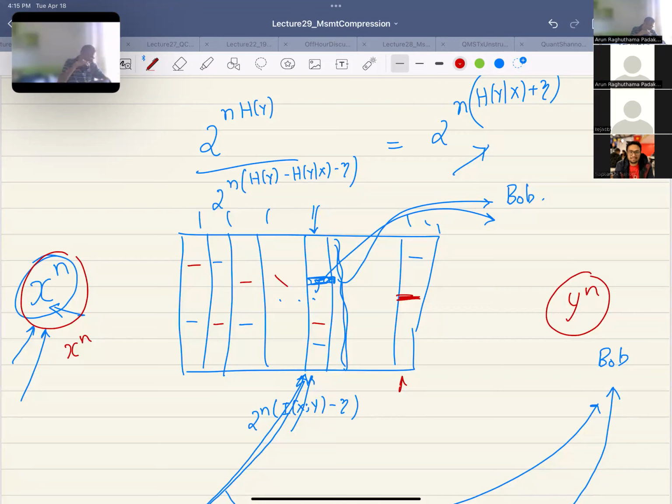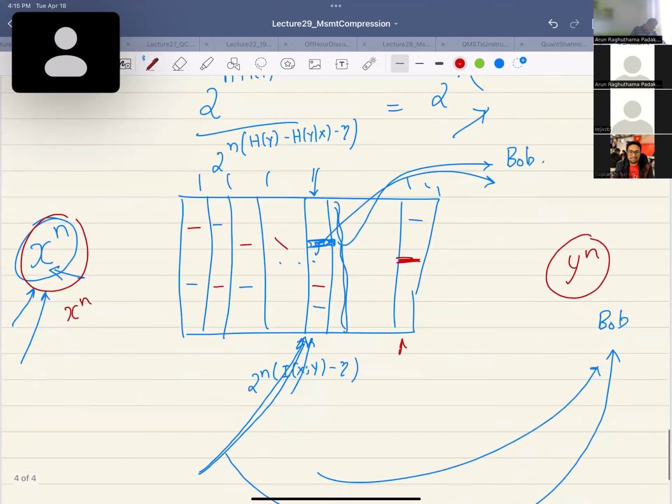So every conditional typical set gets shared among the bins, and no matter which conditional typical set you have to pick from, you will find a representative in every bin, and you just uniformly pick the bins. Does it make sense? Yeah. Okay.